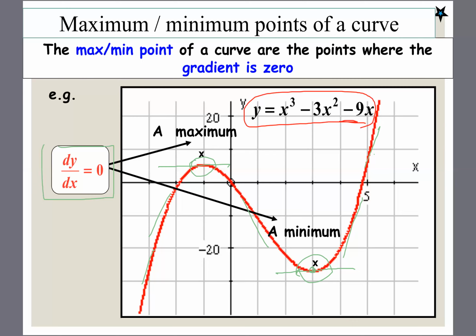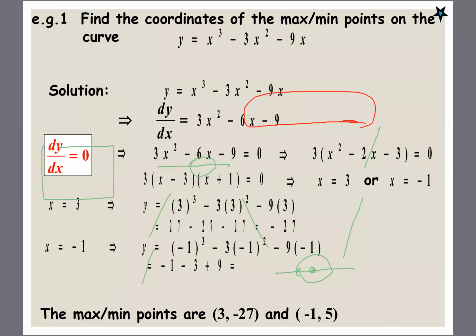So when dy by dx equals 0 at a point of the given function, we can understand, without drawing this function on the graph, what the maximum and minimum point of this given function are.